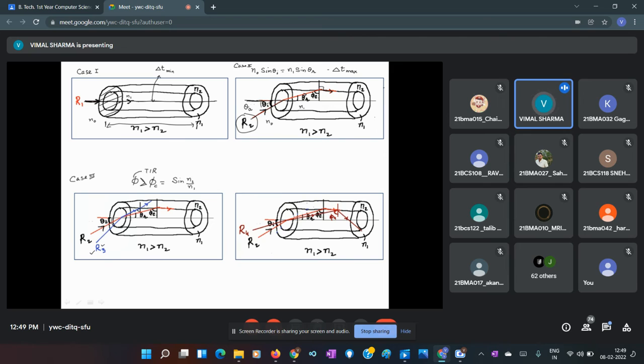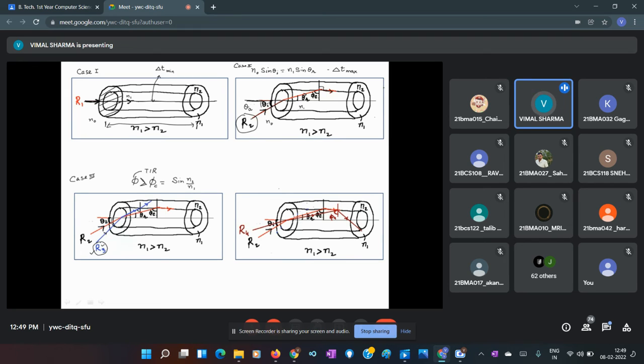As this is less than phi c, total internal reflection is not fulfilled and it leaks out of the optical fiber. Okay, so this means that this ray is not accepted by the optical fiber, or it will not be totally reflected within the core, and we lose this signal.